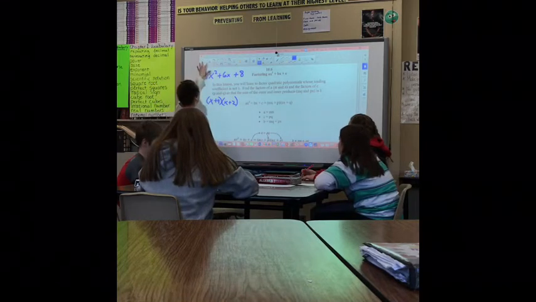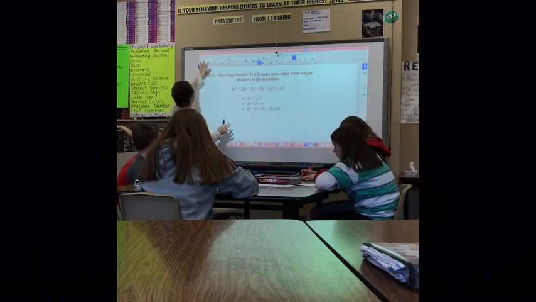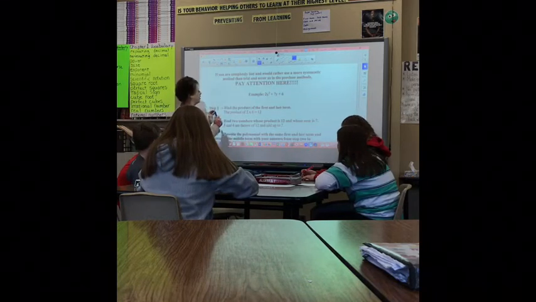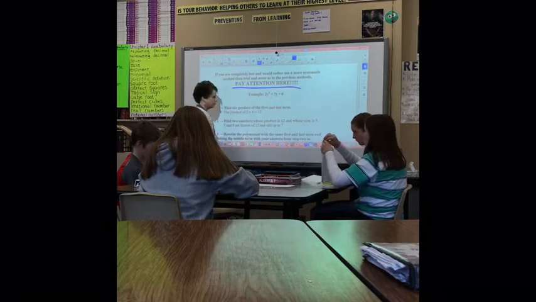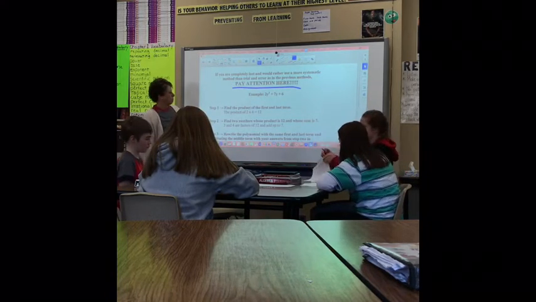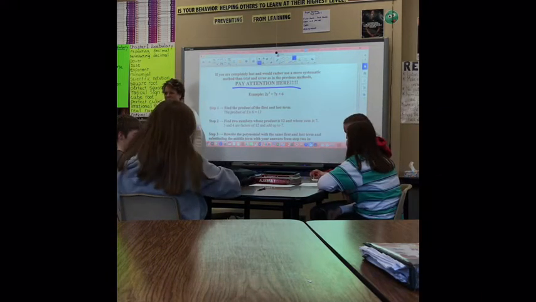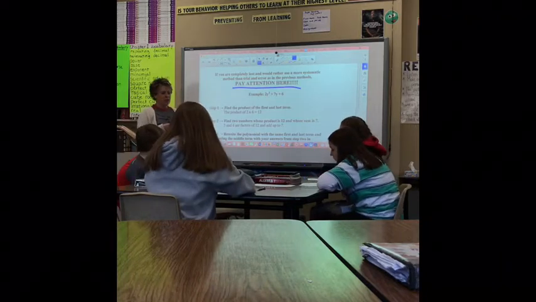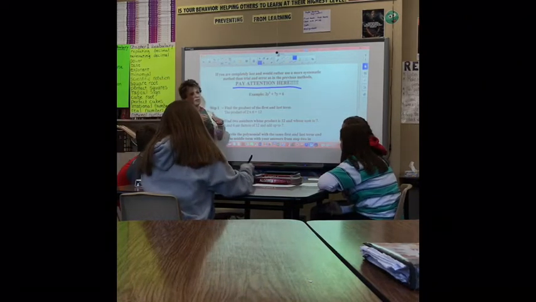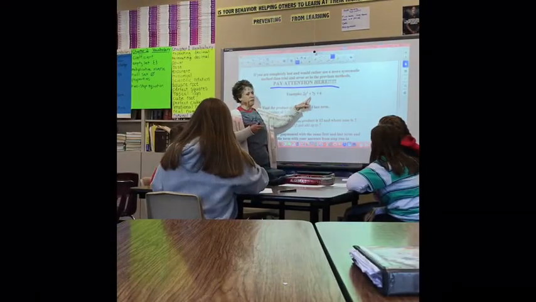So today I'm going to show you the method when there's a number in the front. I'm going to skip to the part where it says pay attention here, and give you a step process. Yesterday, it was two numbers that multiplied together to give you that last term, and they added together to give you the middle.